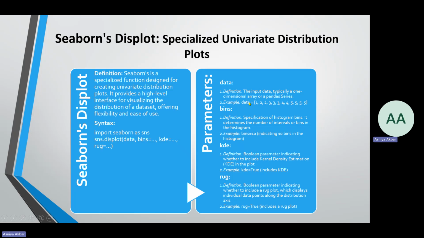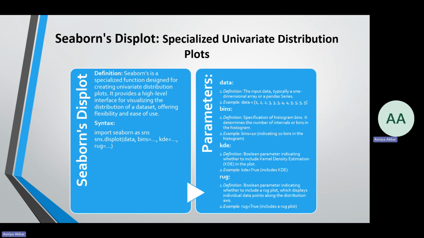So data is basically the input data. Typically, it's going to be one-dimensional, or any pandas series. Next, we have bins. Bins are a specification in your histogram, and it determines the number of intervals or bins in your histogram. It basically indicates how many bins are going to be there in your histogram.